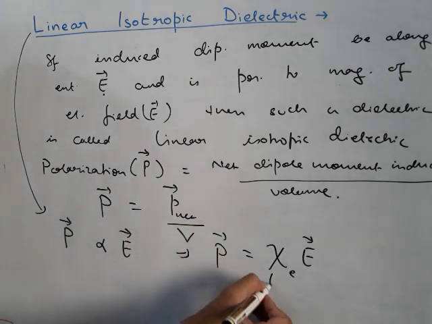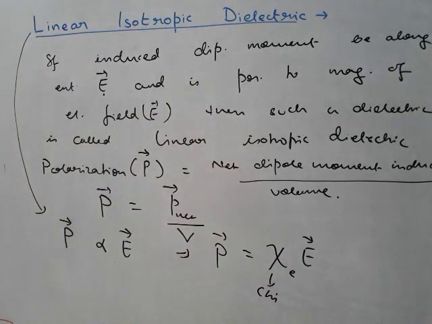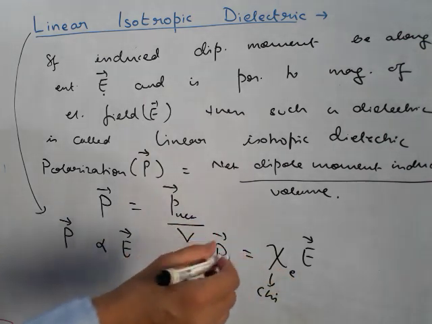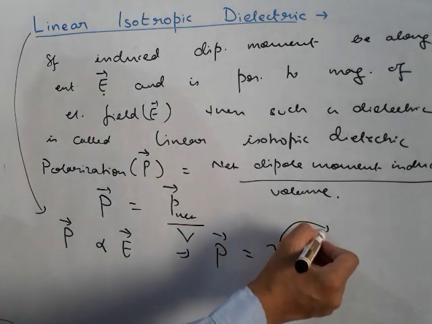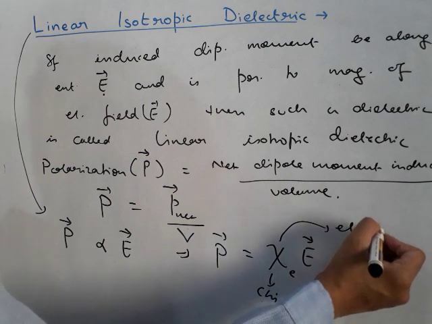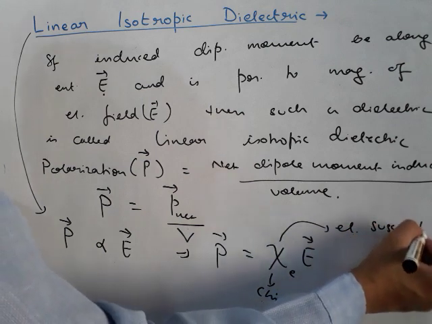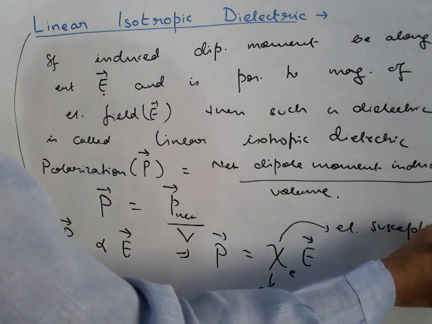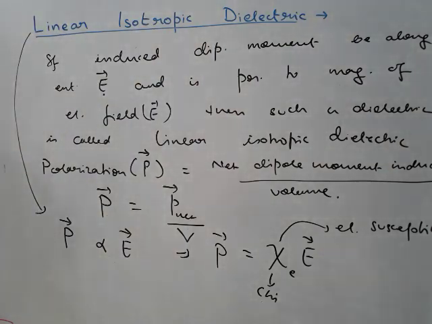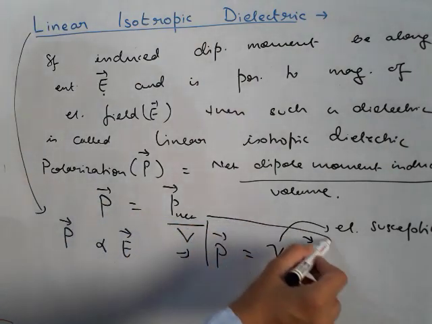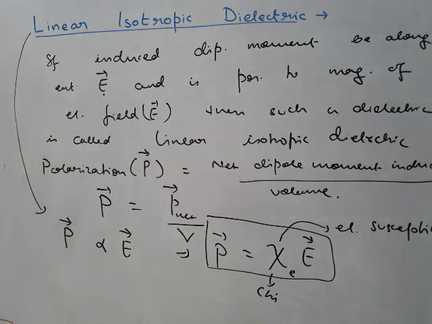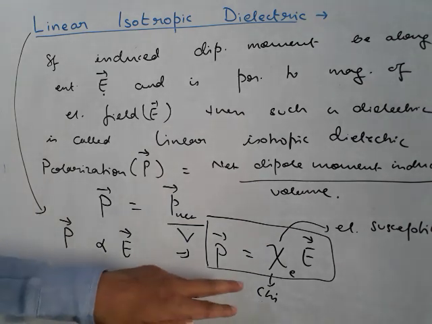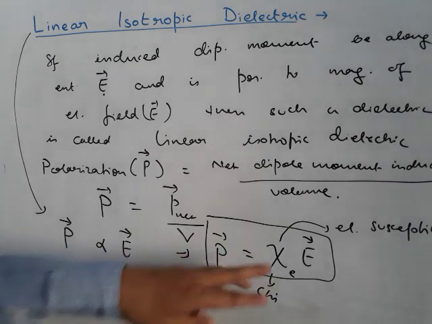So how do we read this? This is read as chi, chi E for electric. So this is referred to as electric susceptibility. So P is equal to chi times E, where chi is known as electric susceptibility, or simply susceptibility you can write in this particular chapter, and it is a constant.